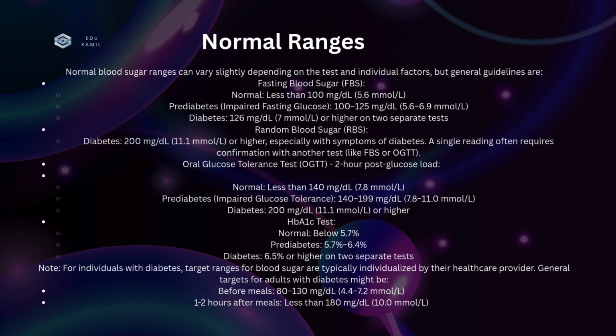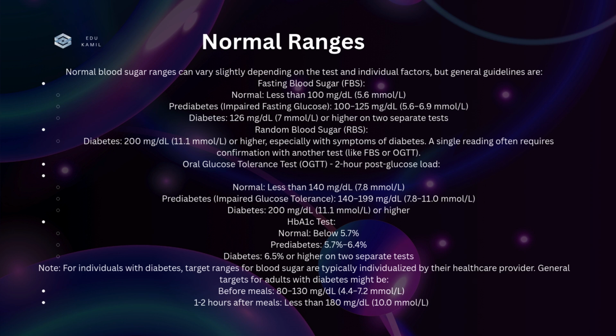Random blood sugar, RBS: diabetes, 200 mg per deciliter, 11.1 mmol/L, or higher, especially with symptoms of diabetes. A single reading often requires confirmation with another test, like FBS or OGTT.